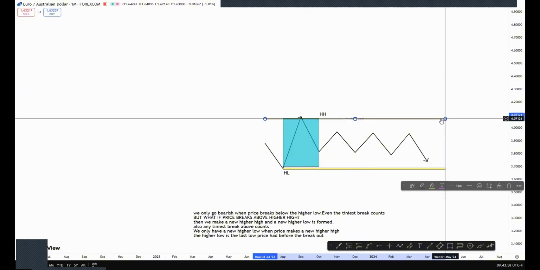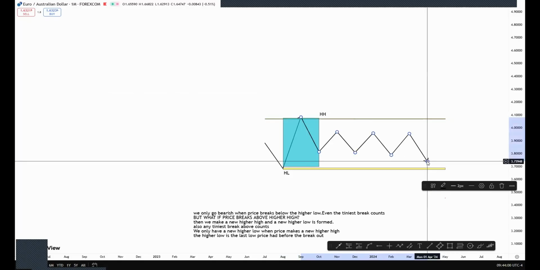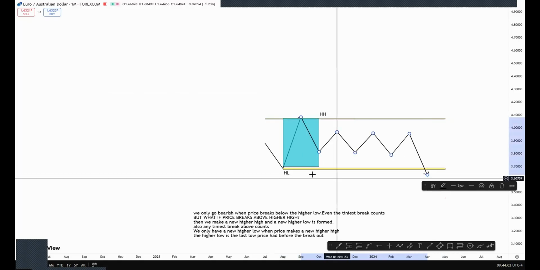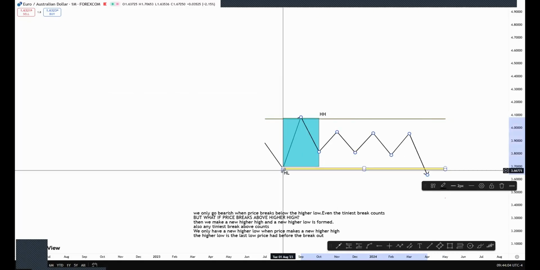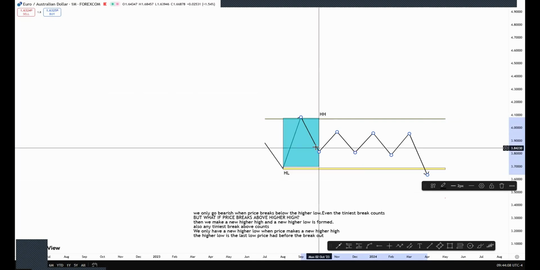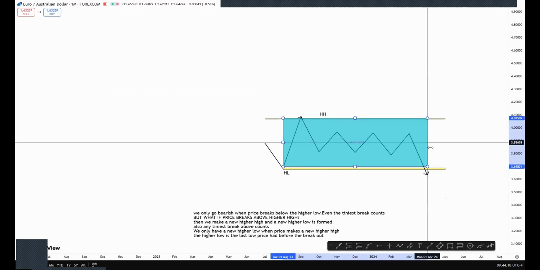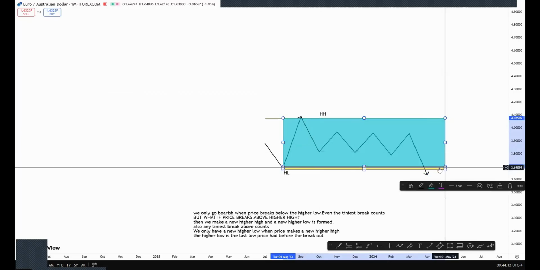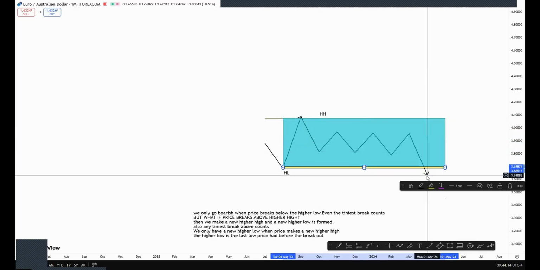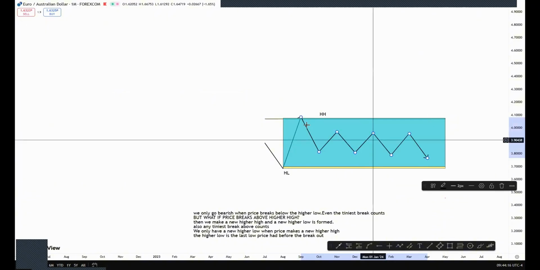Mind you, I'm just adding this rectangle and these horizontal lines to guide you, but you don't need them. With time you can even remove them. So this is where we are right now, at this point here.